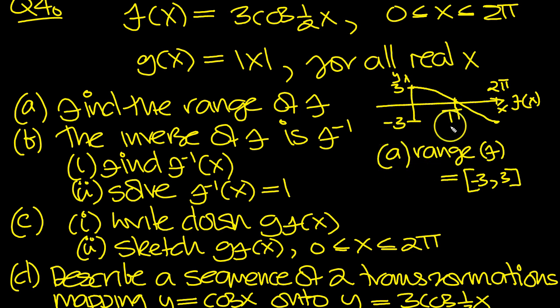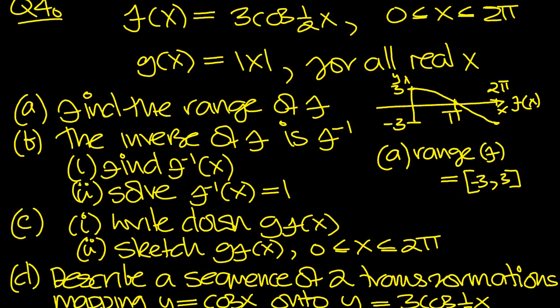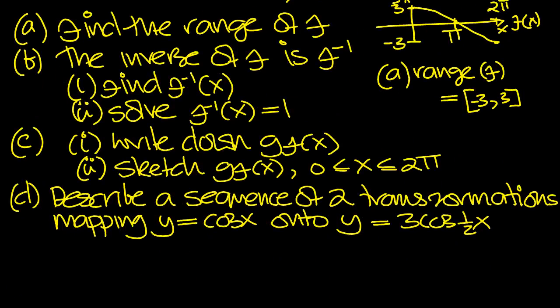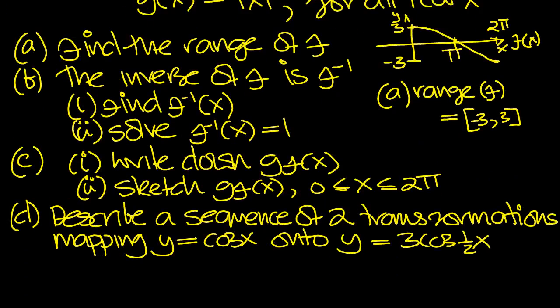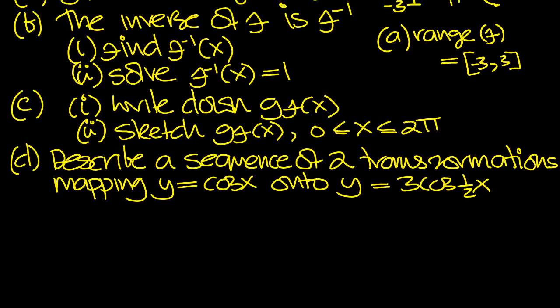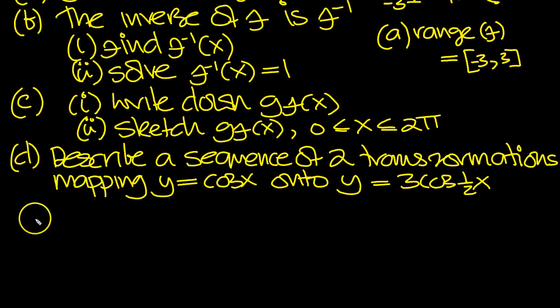So, okay, let's go down the page then. We need to find the inverse of f. It's 3 cos half x. So y is equal to 3 cos half x.